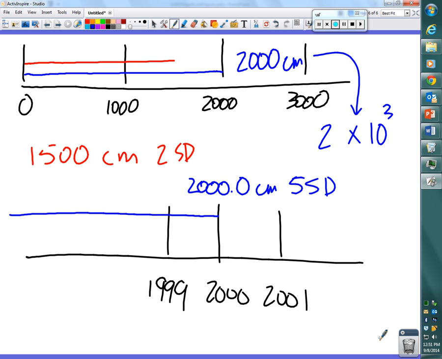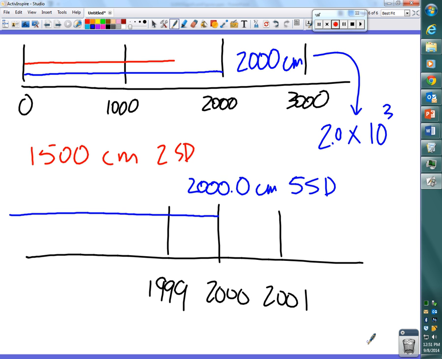Okay? But I just showed you that we can use scientific notation to show significant zeros. So here, if I make it 2.0 times 10 to the second, that's only how much? 2.0 times 10 to the second is scientific notation, but it's only 200.